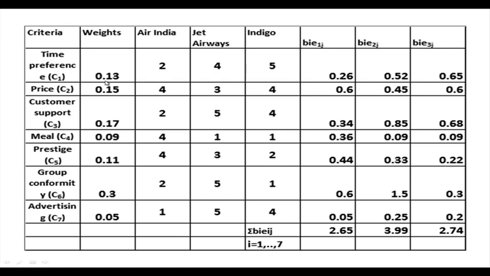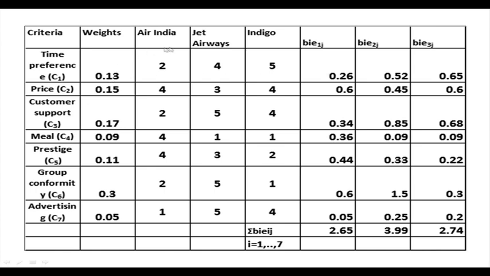First we talk about Air India, and this column, number 1, 2, 3, 4, 5, 6, column 6, is talking about the scores of Air India. In time preference, the weighted score of Air India, which means multiplication of this weight with the score here, is 0.26.